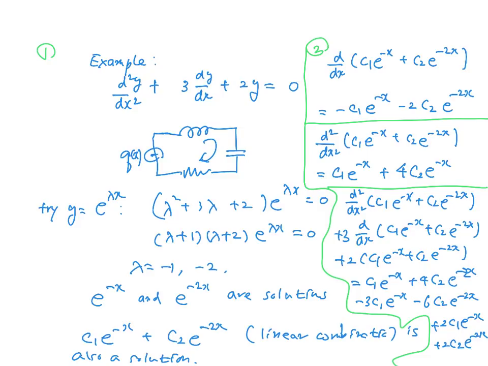So you can see that each of exponential minus x and exponential minus 2x is a solution, and their linear combination c1 exponential minus x plus c2 exponential minus 2x is also a solution. That's because the original differential equation is linear.